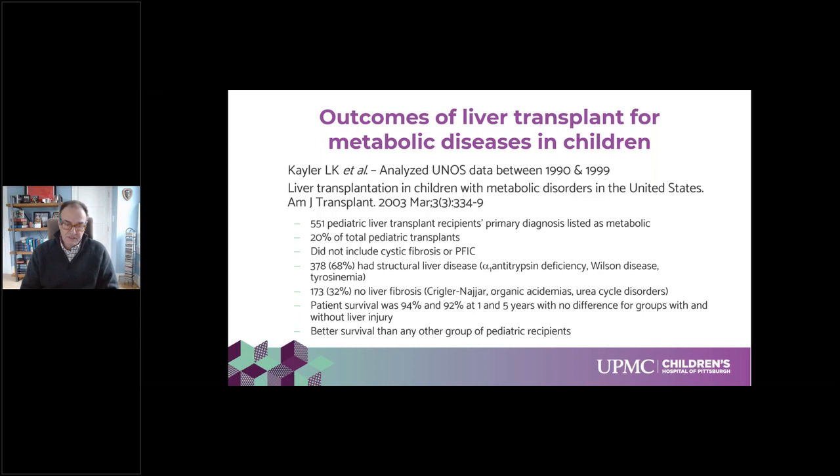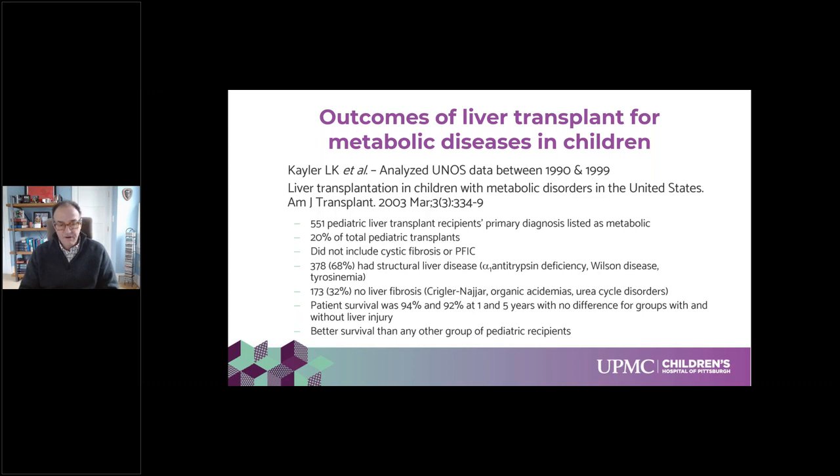It did not include cystic fibrosis or progressive familial intrahepatic cholestasis, and of these 551 patients, 2/3 had structural liver disease, so cirrhosis, such as alpha-1 antitrypsin deficiency, acute liver failure with Wilson's or tyrosinemia.